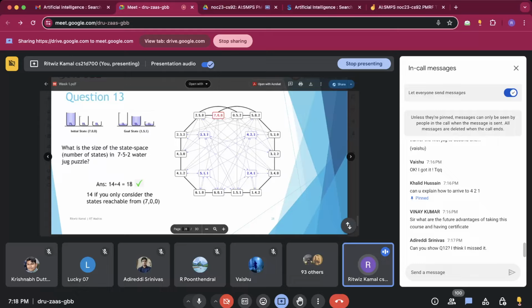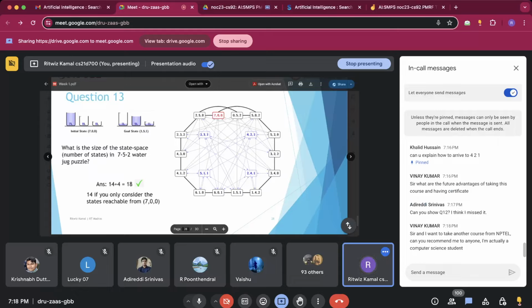What are the future advantages of taking this course? You will get to learn a lot about the basics of artificial intelligence. I would say that it's a bit of a theoretical course, full disclaimer. So if you are expecting that this course might have certain concepts about the traditional things that are associated with AI, like machine learning or neural network models or things like that, those are the topics we won't be covering in this course.